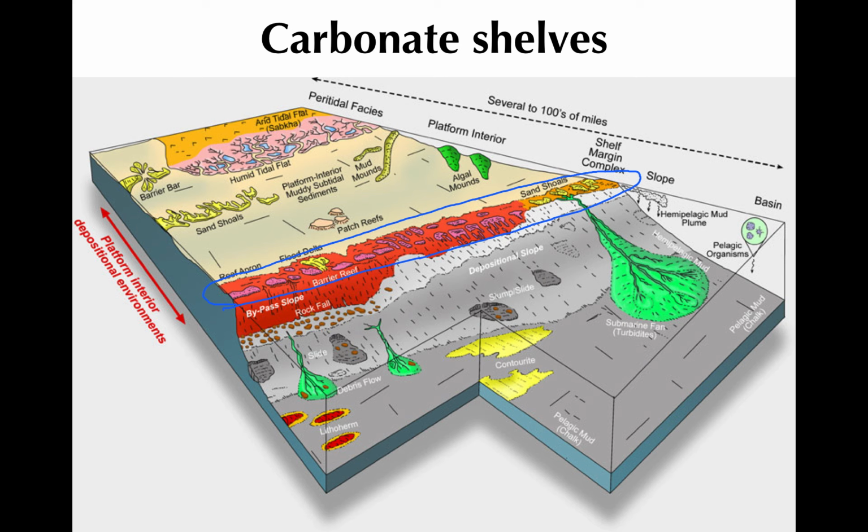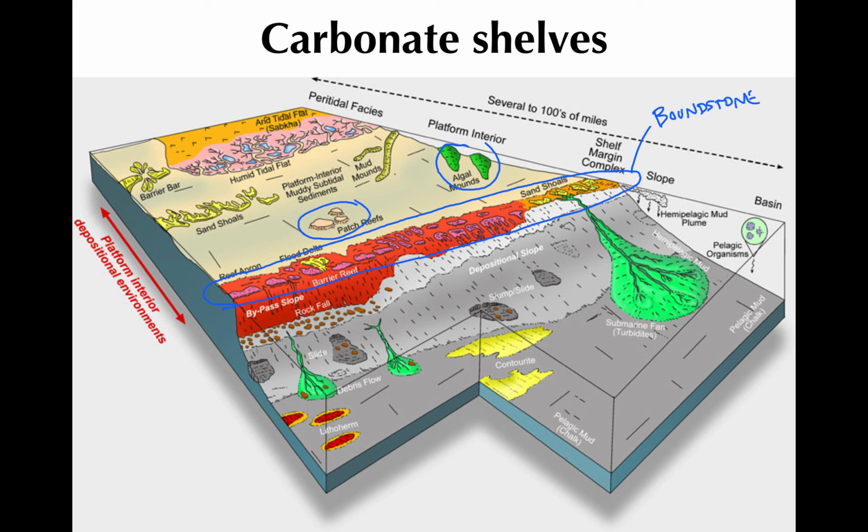This skeletal structure would consist of boundstone made by corals, made by algae, and so forth. Boundstone would also be found in these algal mounds and in these patch reefs.